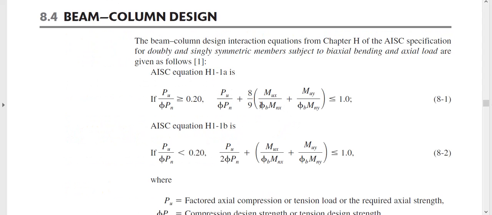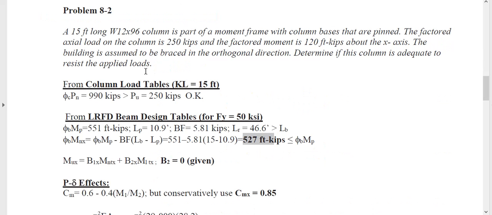This one is the moment capacity about the x-axis. How to find it? We need to see the unbraced length. Our unbraced length is 15 feet. From the AISC manual we found Lp is 10.9 and Lr is 46. So our beam is in between. So what is our moment capacity?